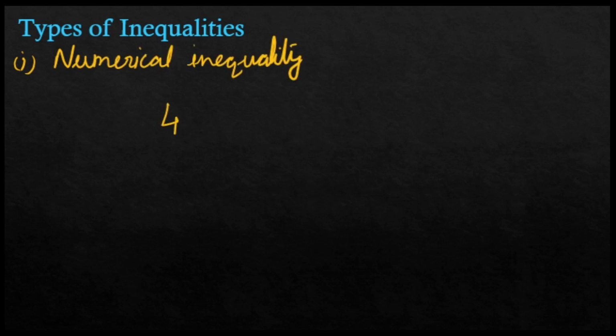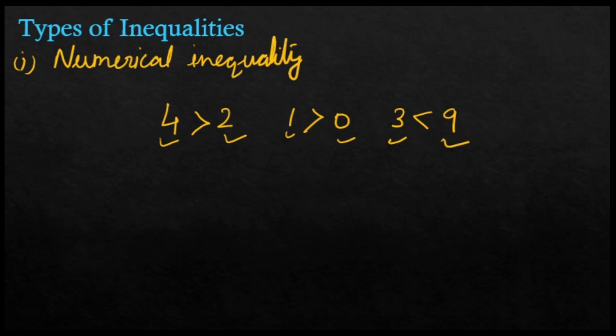Types of inequalities. First is numerical inequality. You can see these are numbers: 4 greater than 2, 1 greater than 0, or 3 smaller than 9. All these are real numbers containing an inequality sign, hence numerical for the numbers, inequality sign for the inequality.